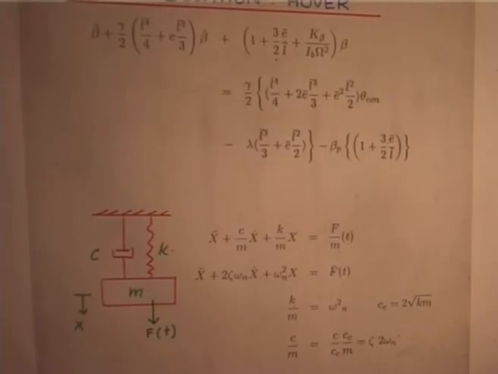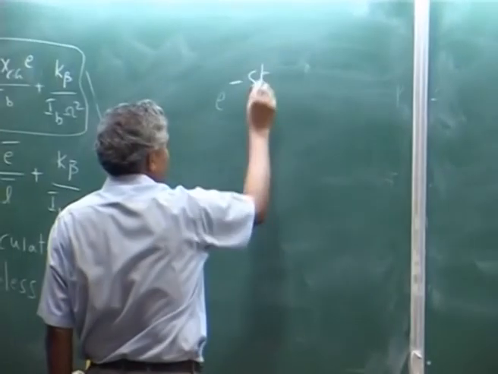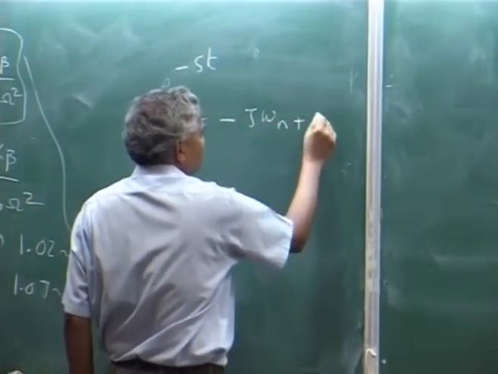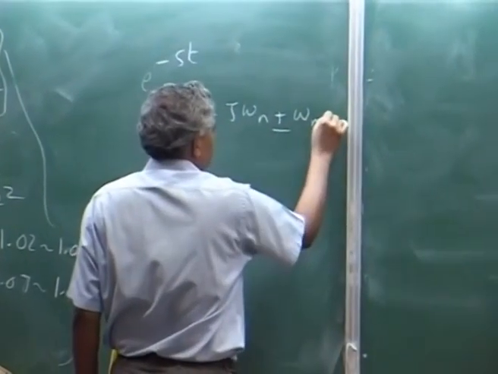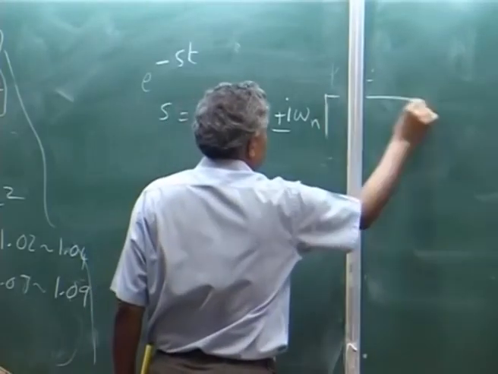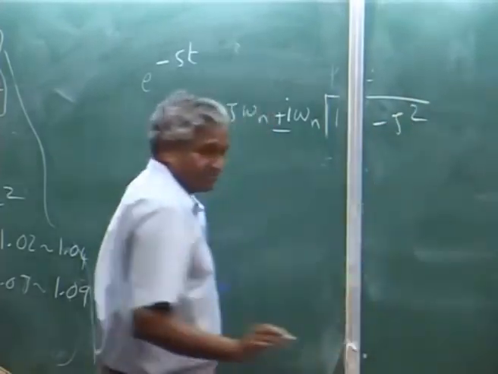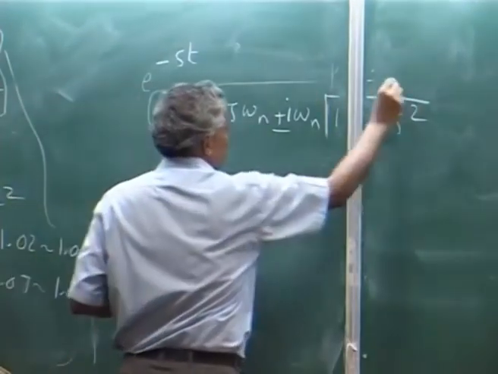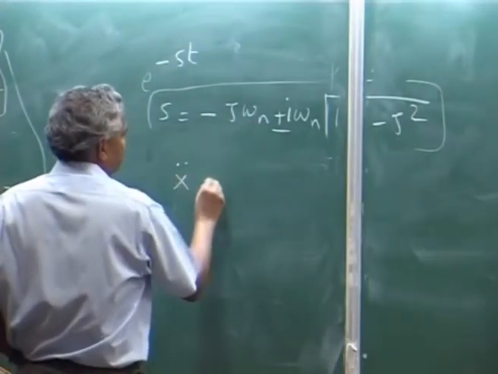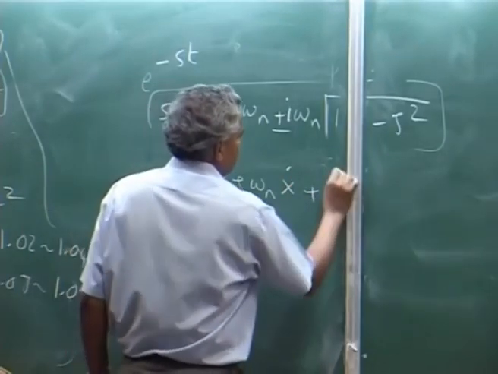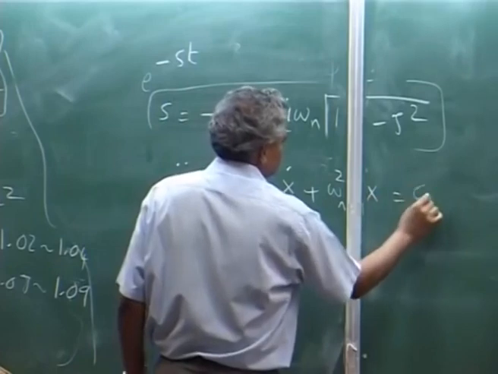The roots of the equation: you will write e power minus S t, and S as minus zeta omega n plus or minus i omega n root of 1 minus zeta square, with the equation having omega n square x equal to 0.